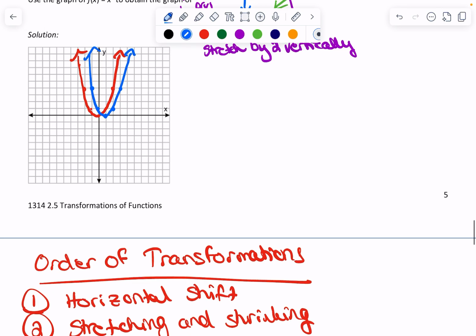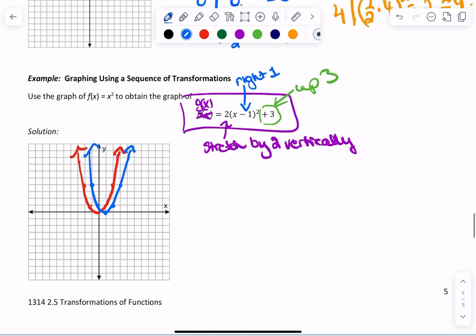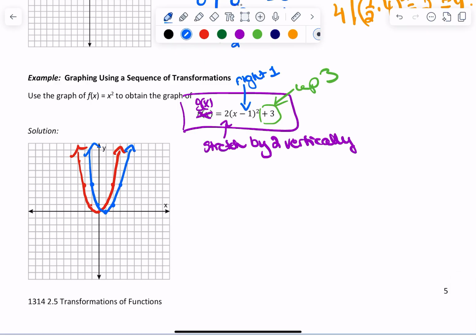Next, we are doing the stretching and shrinking. So we are stretching it vertically by 2. That means the 0, 0 doesn't change, but each of the other points, like this point 1, we double it by 2 to get 2. Same thing here.